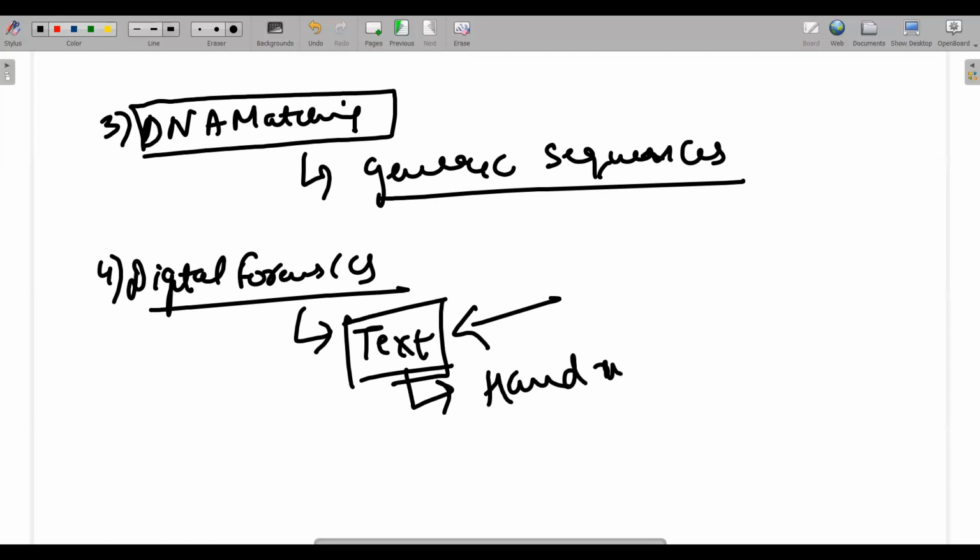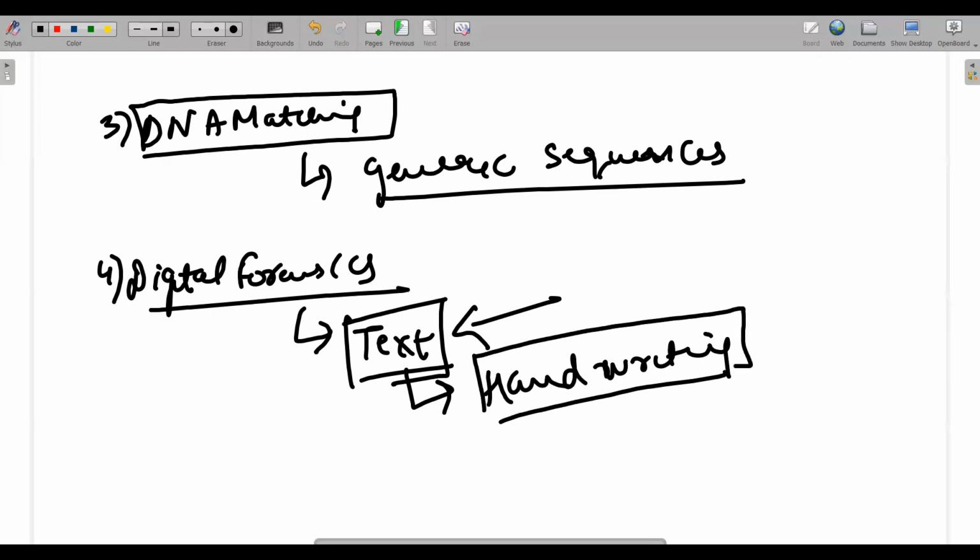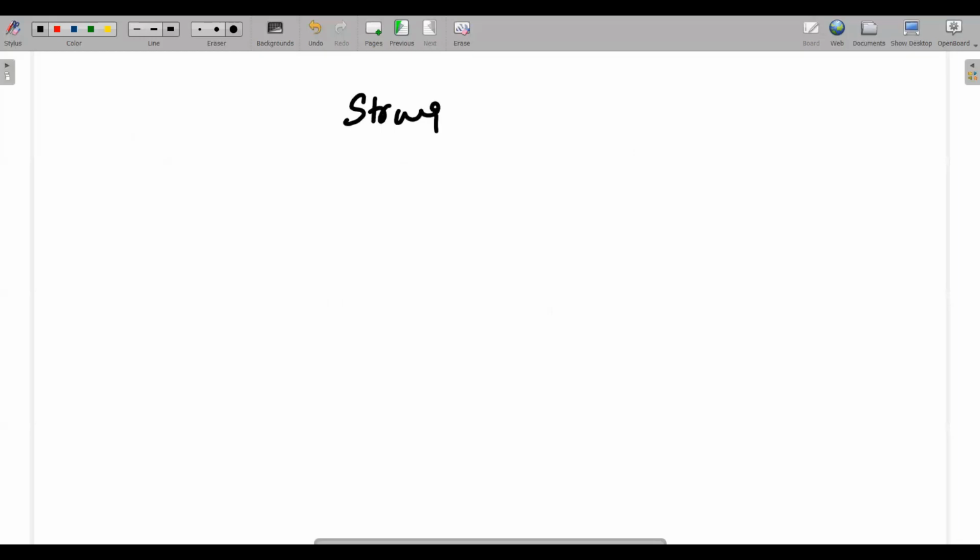Let's say a person has committed suicide and has written a suicide note, then we can easily find whether this handwriting belongs to that person or not. This is very common nowadays. So there are applications of string matching everywhere.